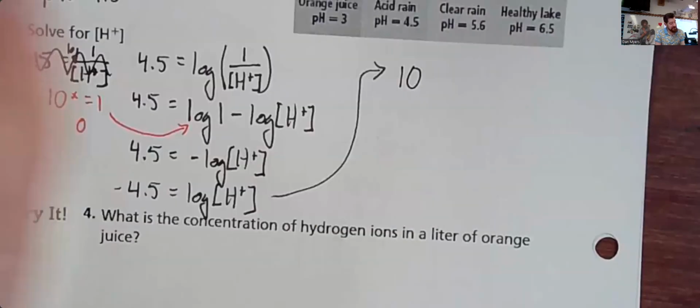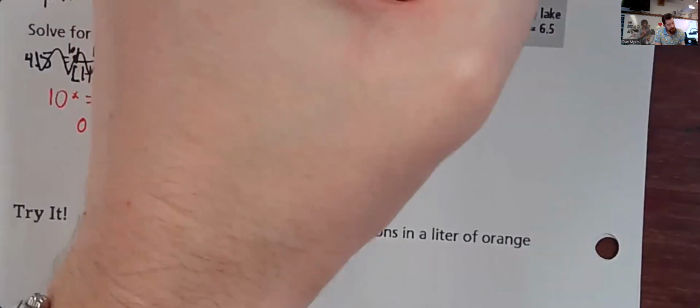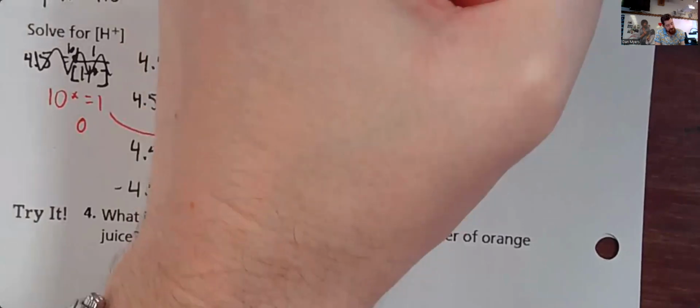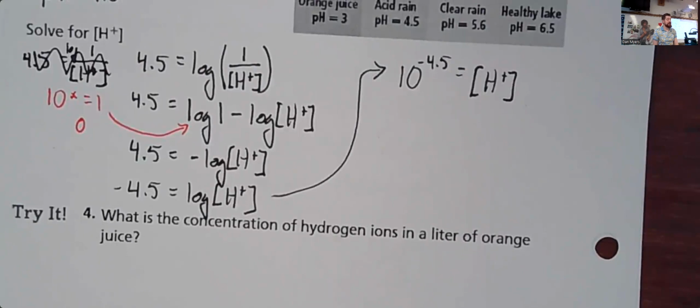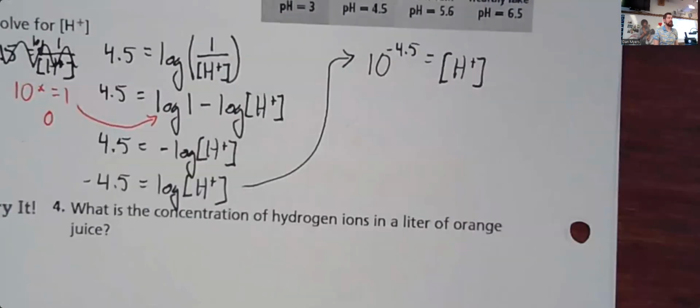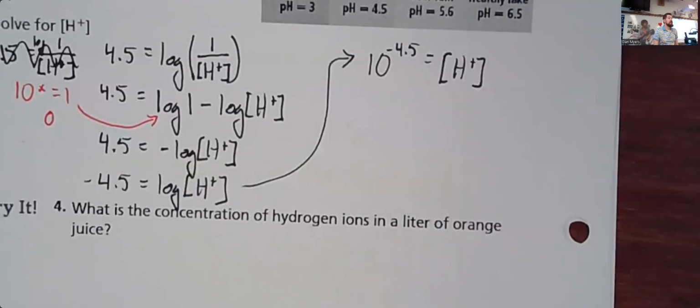So that's going to be 10 to the negative 4.5 equals whatever the concentration is. 10 to the negative 4.5 would be between 1/10,000th and 1/100,000th. So it's going to be a very small decimal number.